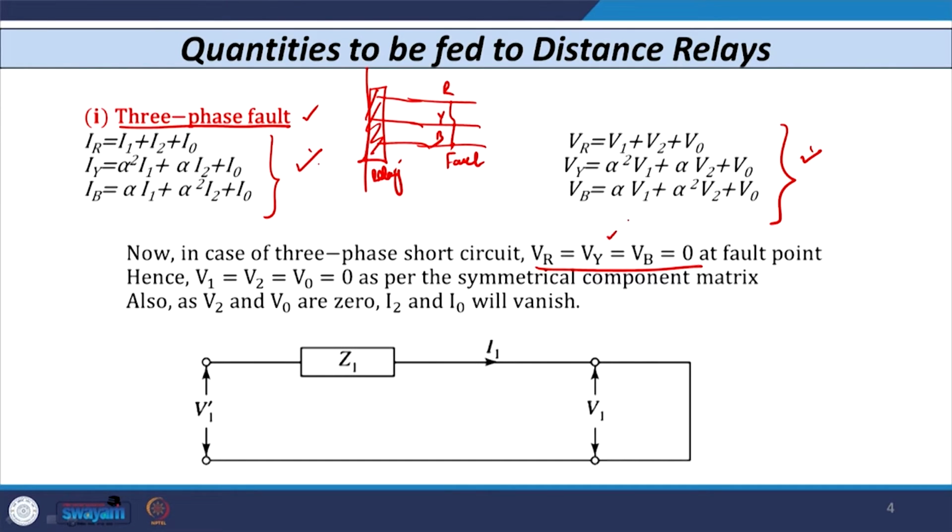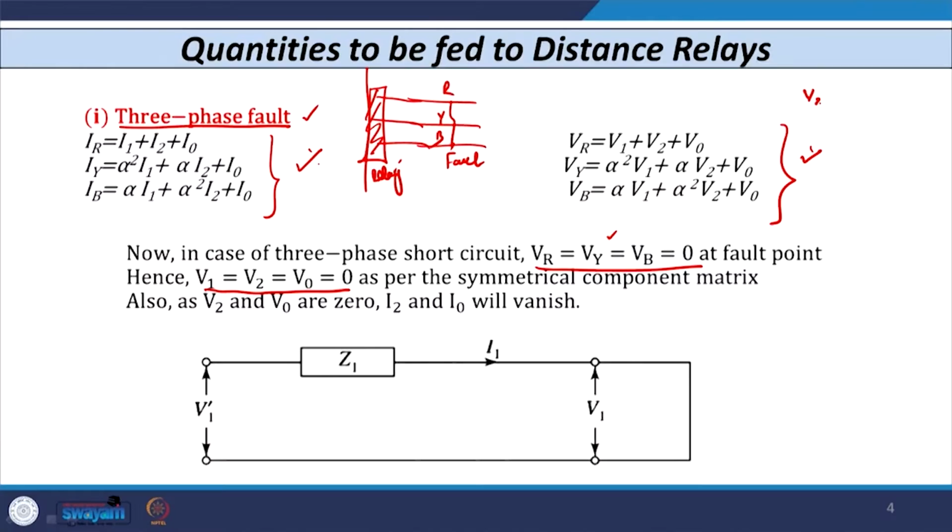If this is true, then all the 3 sequence voltages V1, V2, V0 are also equal to 0. Moreover, whenever a triple line fault occurs, it is a symmetrical or balanced fault. So, it contains only positive sequence voltage and current, and it does not contain negative sequence voltage and current. So, V2 and I2 are 0, and similarly V0 and I0 are also not there when a triple line fault occurs.